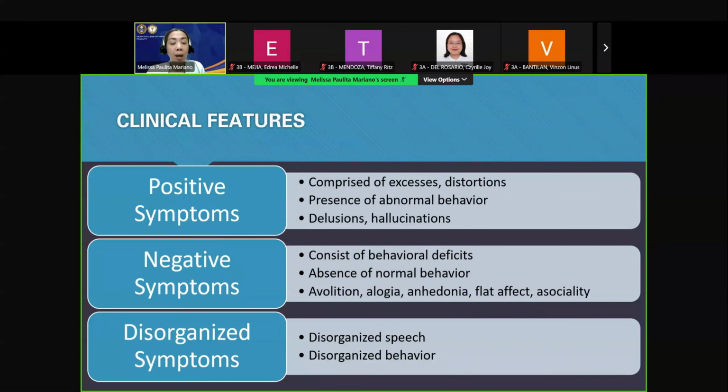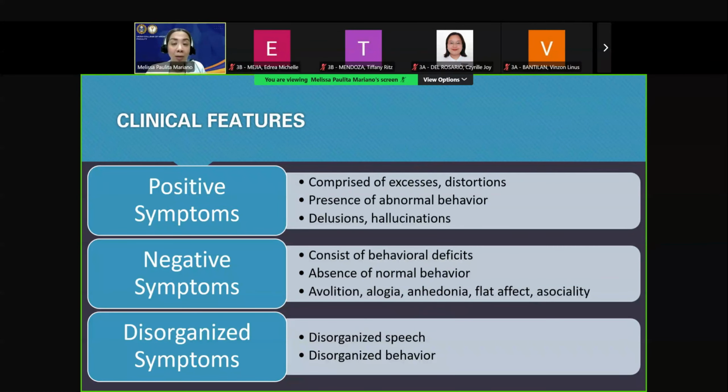The second cluster will be negative symptoms, and negative symptoms consist of behavioral deficits, meaning the absence of something that should be there in people without schizophrenia, and/or the absence of normal behavior.